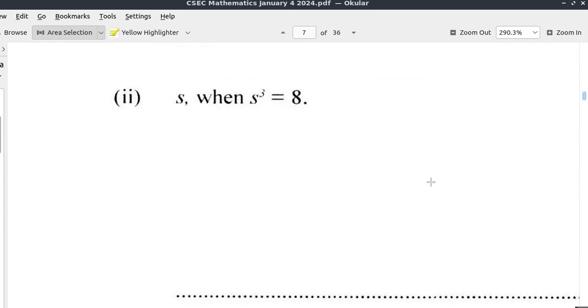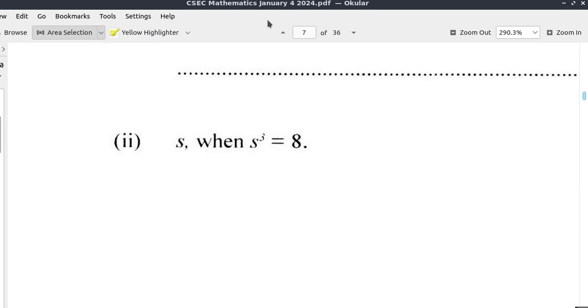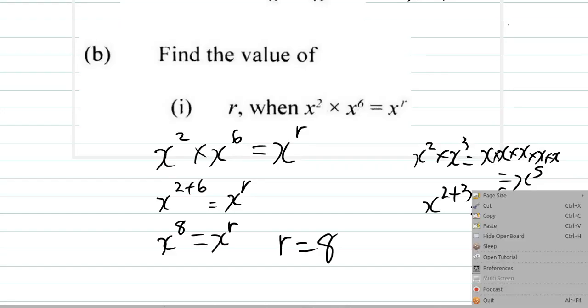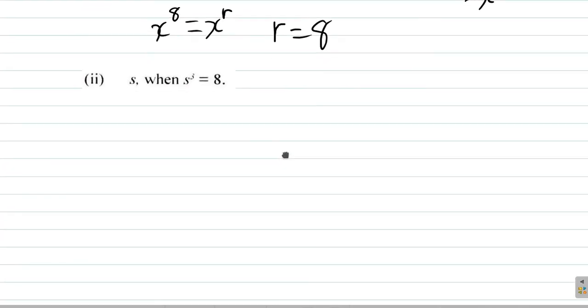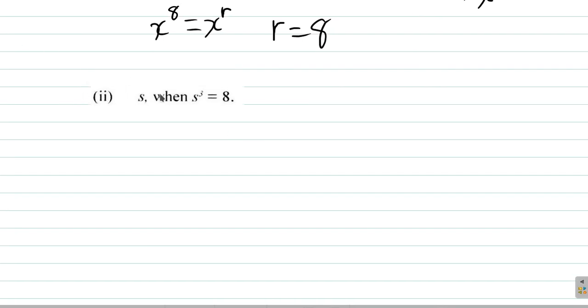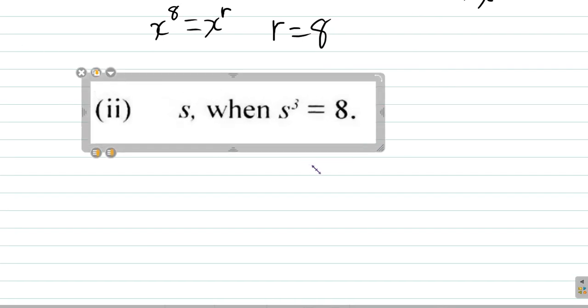Alright. So the next part I say, you must find x when x to the 3 equals 8. So I have to copy this and paste. Alright. So you're going to find x. Now again, you have to remember your indices.